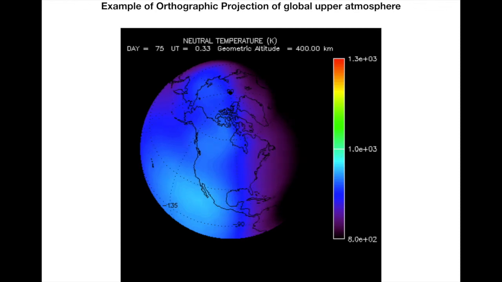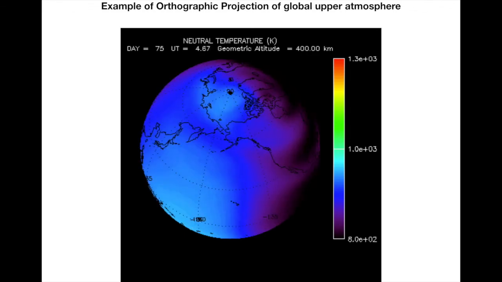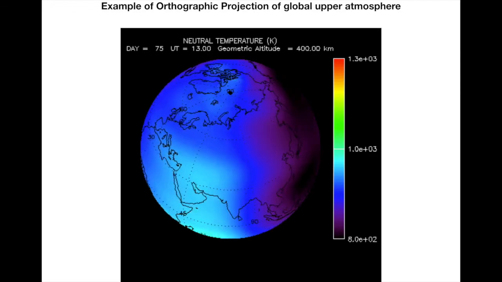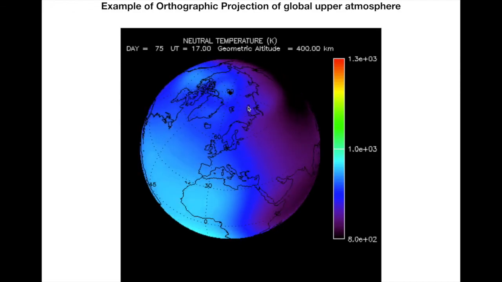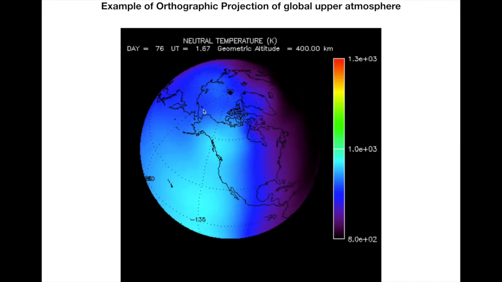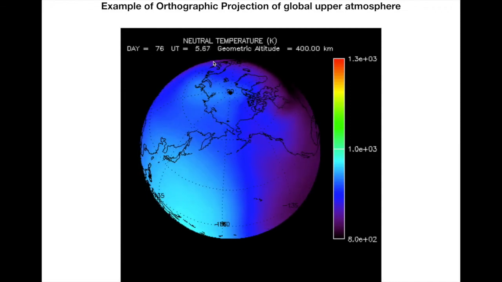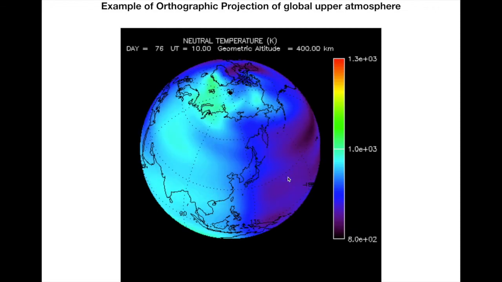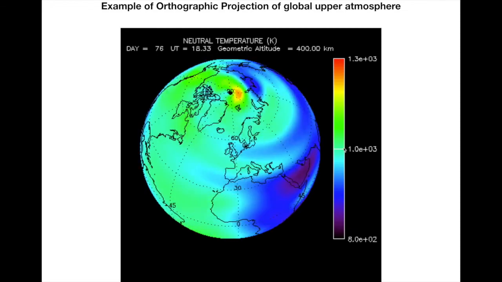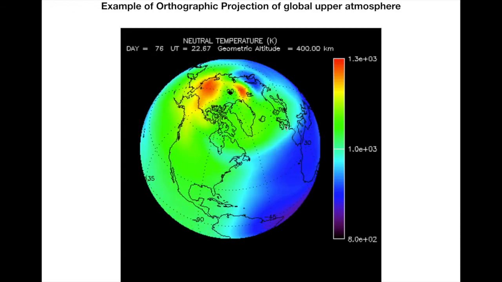If I let it go, you can see the dynamic evolution of the changing temperature, and you can see that the polar region gets heated constantly, and then these structures go down to the low latitudes because of the circulation of the atmosphere. These structures are called traveling atmospheric disturbances, right? So how is this created?